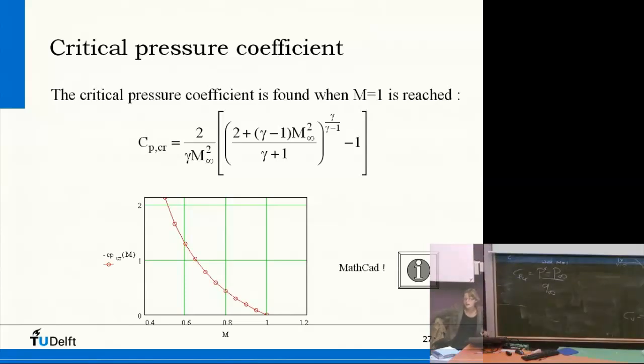If you fly fast, you need only a small pressure difference related to the free stream pressure to get to Mach 1. If you fly slowly, at Mach 0.3 or 0.4, you need a large pressure difference to speed the flow up from 0.4 to 1, because this pressure difference is speeding the flow up, yeah?